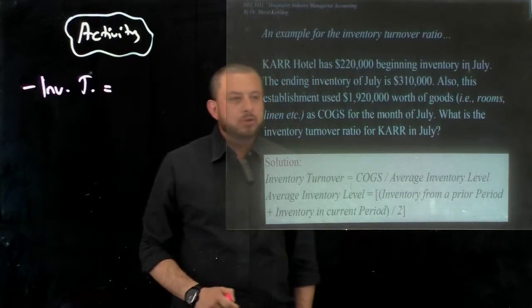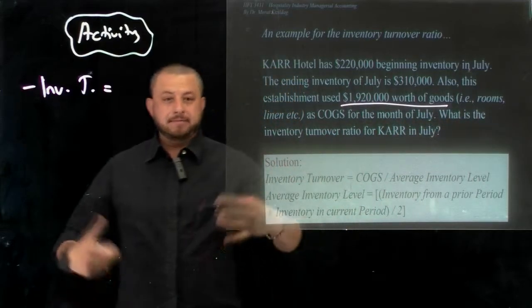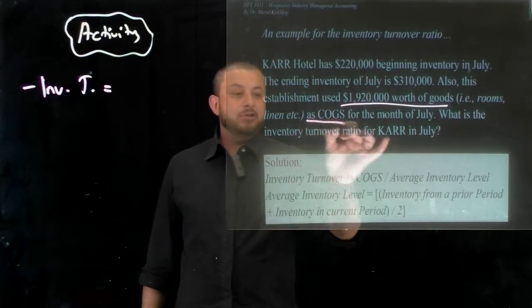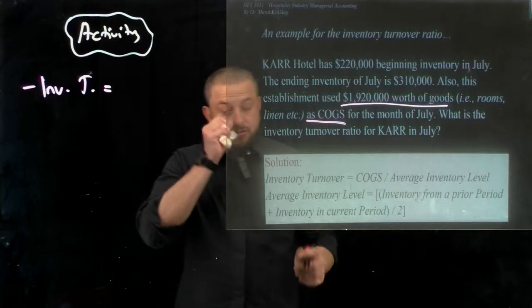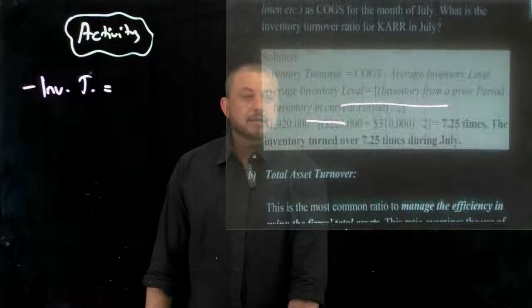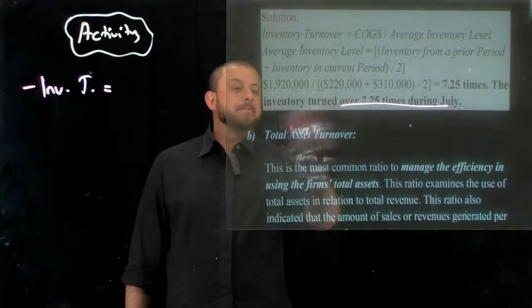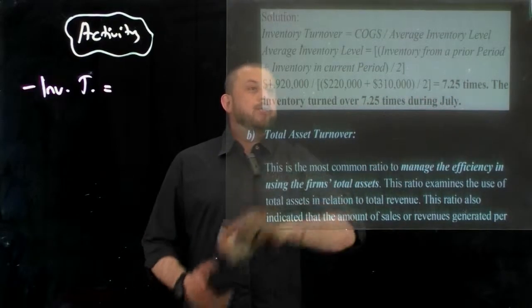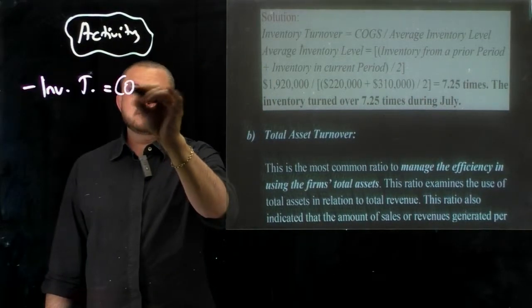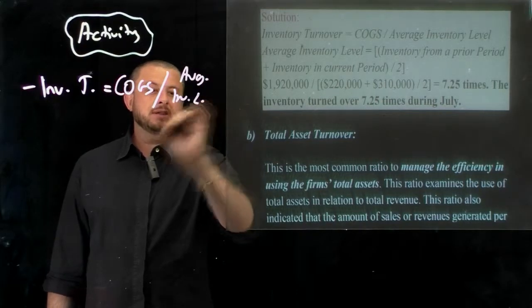Also, this establishment used this amount worth of goods, rooms, linen, whatever you want to say, as COGS, cost of goods sold, for the month of July. What is the inventory turnover ratio for car in July? Then take a look at our equation. COGS over average inventory levels, okay?